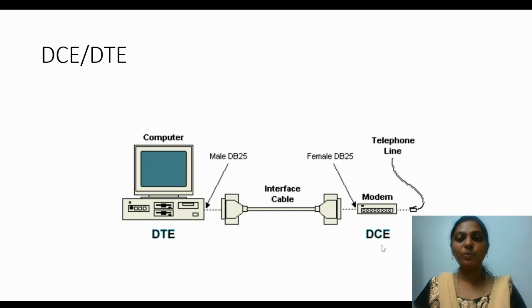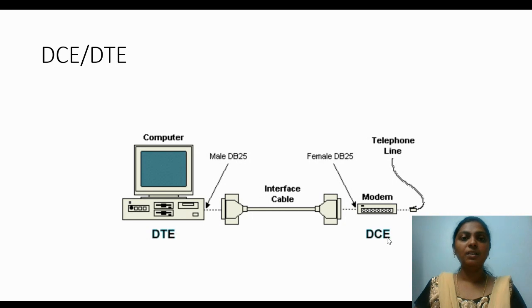And the second one is the DCE, which is data circuit terminating equipment. This acts as the interface which converts the signal which it gets from the DTE, and it takes care of the transformation process.